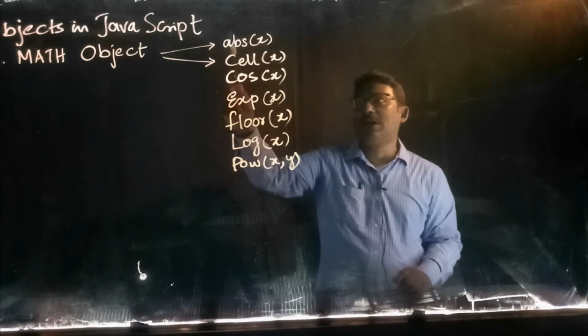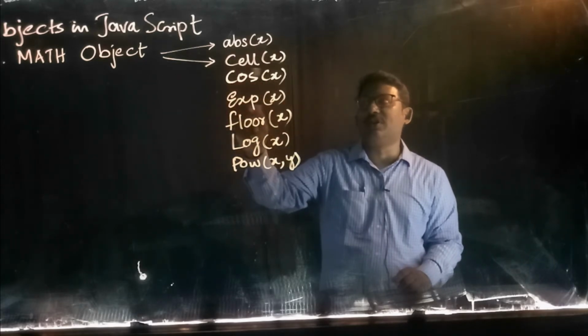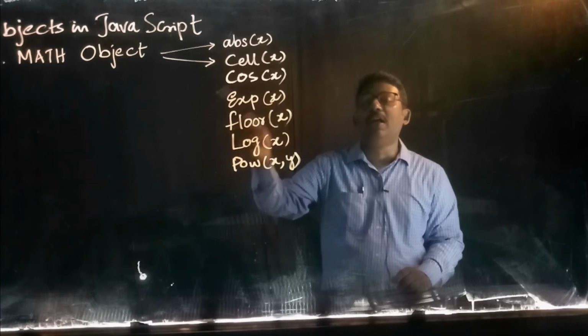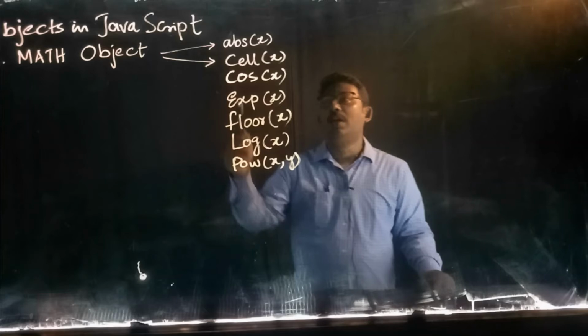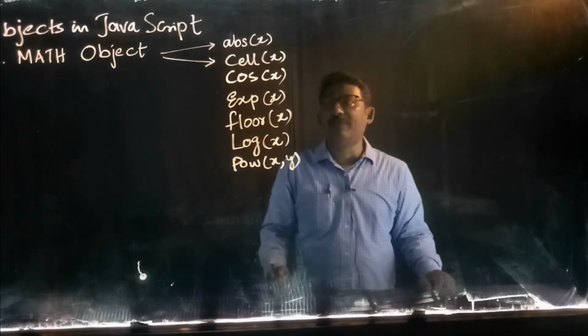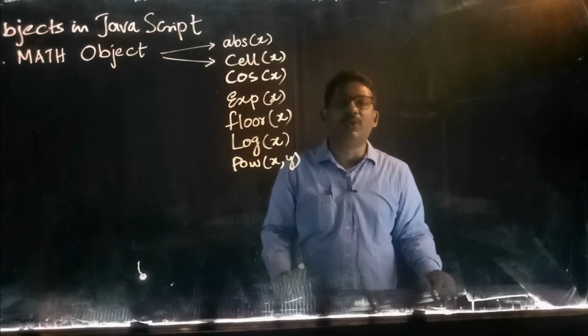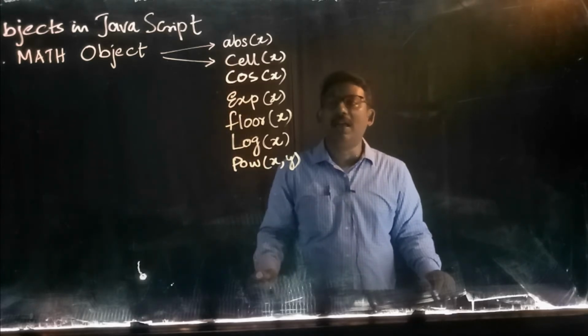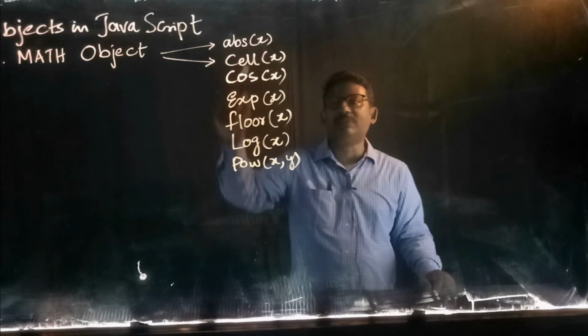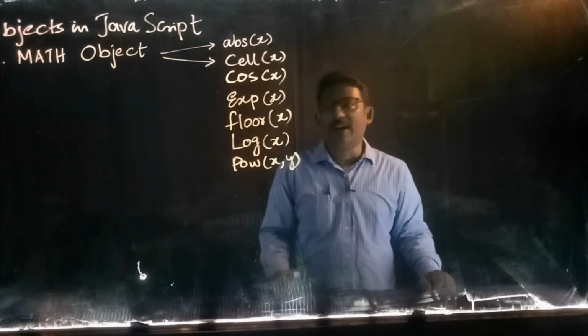So math objects are ABS, which will give the absolute value. Ceil, it will give the nearest rounded value with the smallest number. Then cos, it is a trigonometric function. Exp, it will give the exponential function. Floor, it is the same as ceil, but here it will give the greatest value.